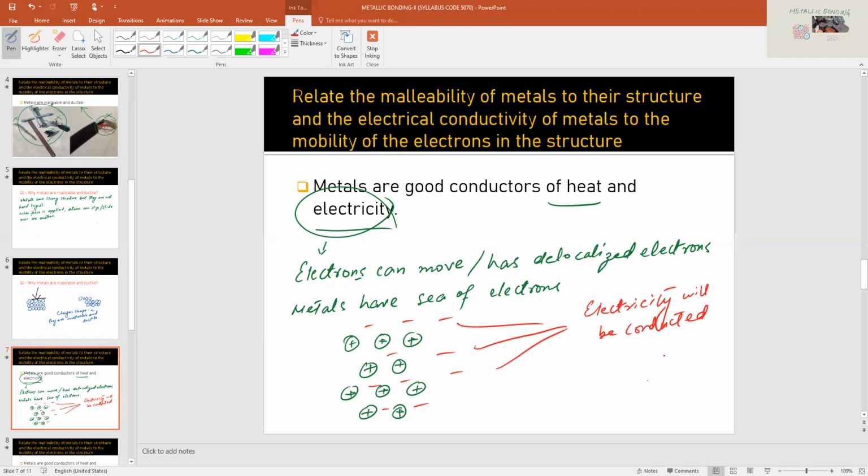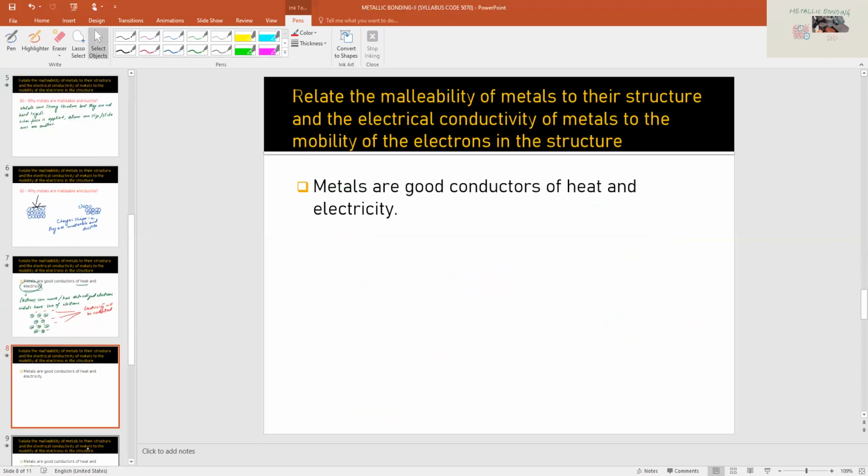Now let's talk about the conduction of heat. Heat energy is transferred through vibration of ions.